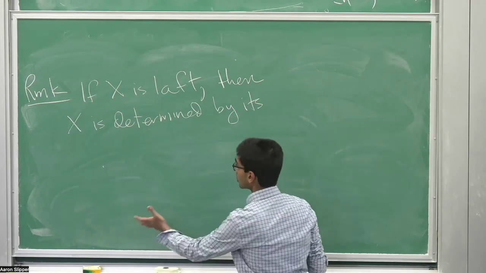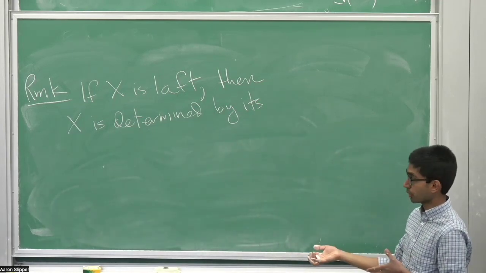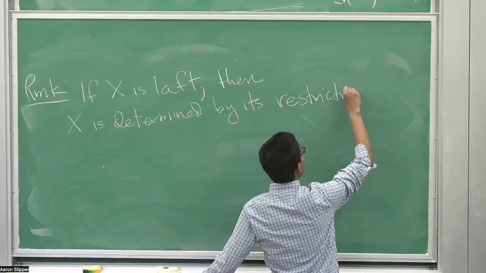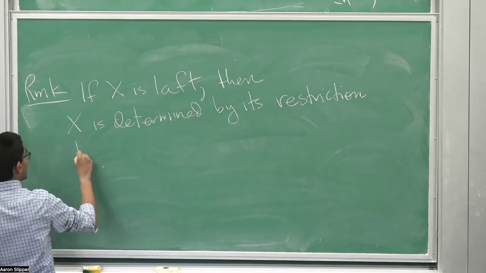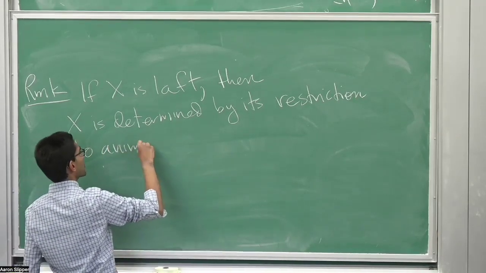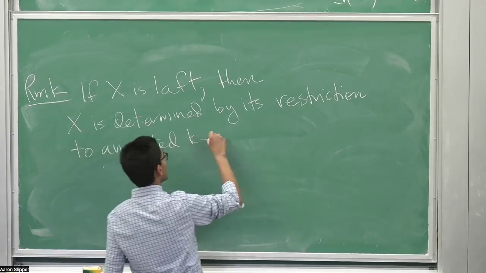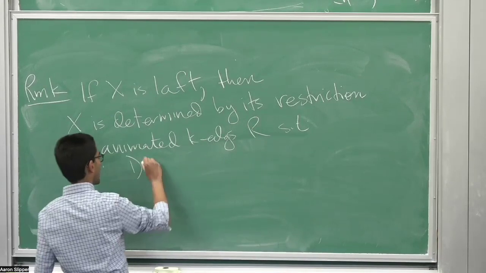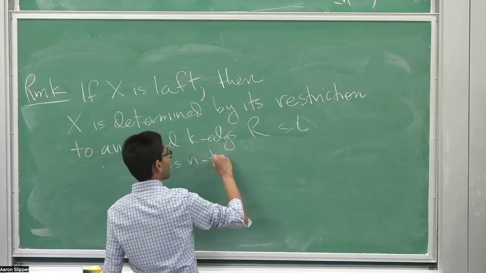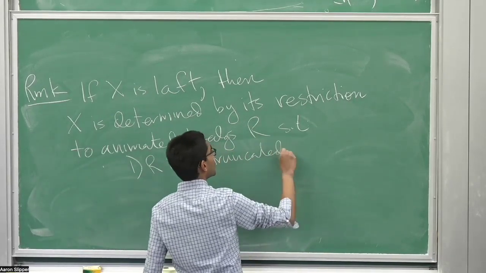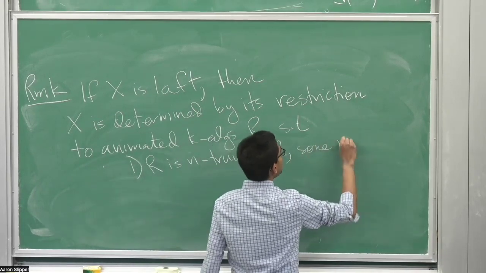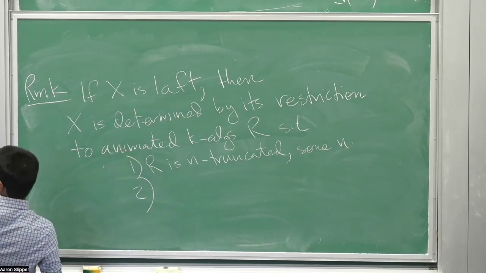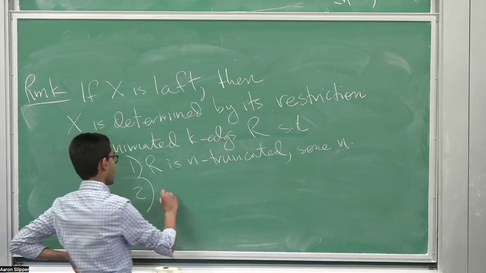X is a functor on all animated rings, but it's actually determined by its restriction to animated rings, animated K-algebras, such that one, R is n-truncated for some n, and two, it's n-truncated and it's almost finitely presented in the above sense.